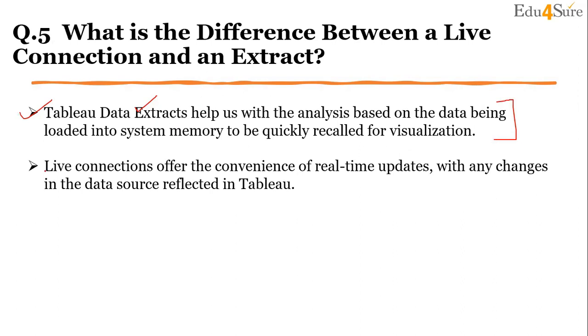If we are updating the Excel sheet with more data and we want that whatever analysis we are doing should consider the newly added data also, it should keep fetching the data from Excel into Tableau and keep updating the charts. So I'm talking about real-time updates. If you want that to happen, you have to take live. So this is the difference. Let's read this sentence also. Live connections offer the convenience of real-time updates with any changes in the data source reflected in Tableau.